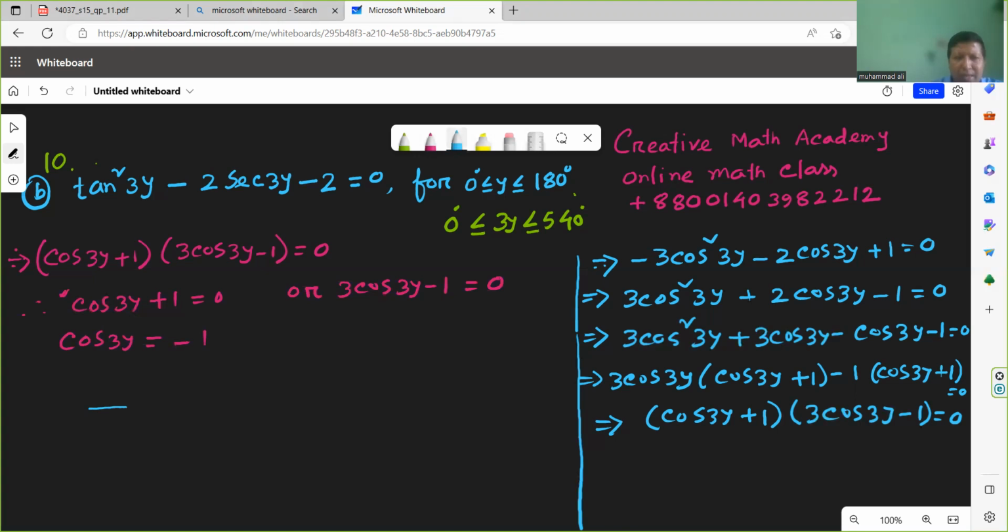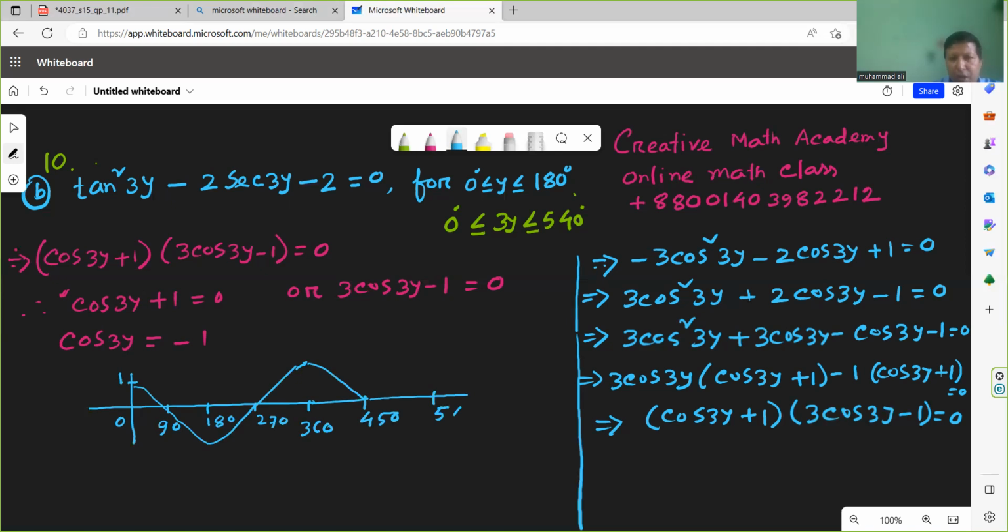If we sketch the cos 3y curve, at 0 it is 1, at 90 degrees it will be 0, at 180 degrees it will be minus 1, at 270 it will be 0, at 360 degrees it will be again 1, at 450 it will be 0, and at 540 it will be again minus 1.